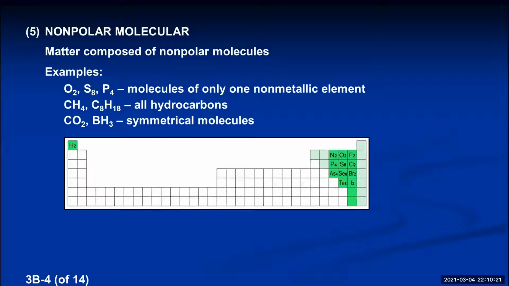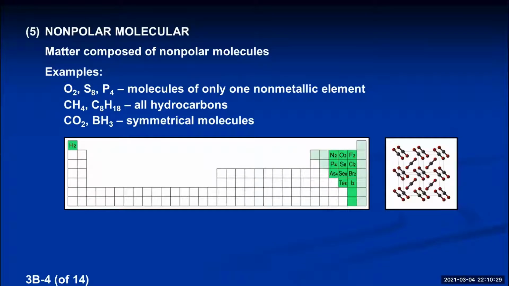So if you have something that's a nonpolar molecular substance, when you cool it down into a solid and it crystallizes, it's going to have millions and millions of nonpolar molecules arranged in a repeating regular pattern. So here I've got maybe a carbon dioxide molecule, and all these little carbon dioxide molecules are at the corners of the little cubes here, and they're repeating over and over again.